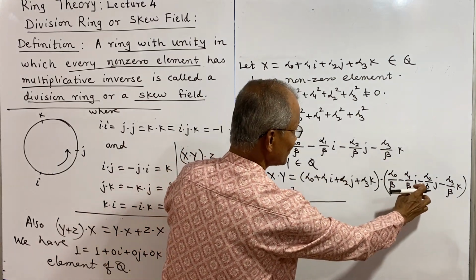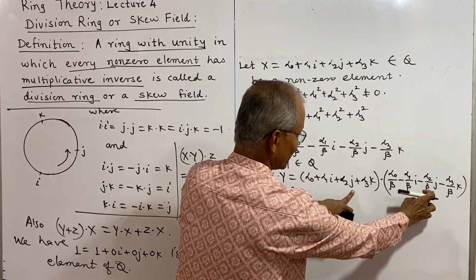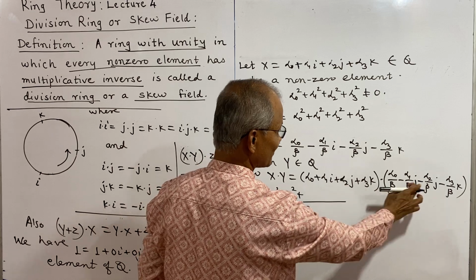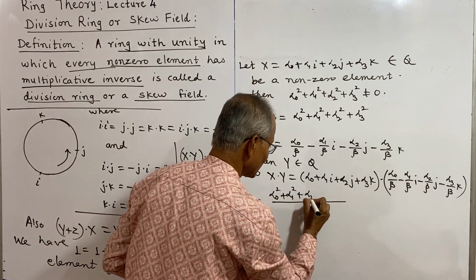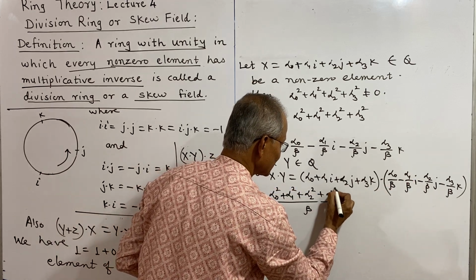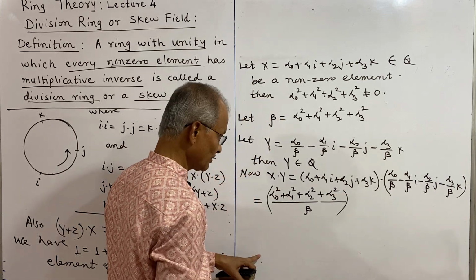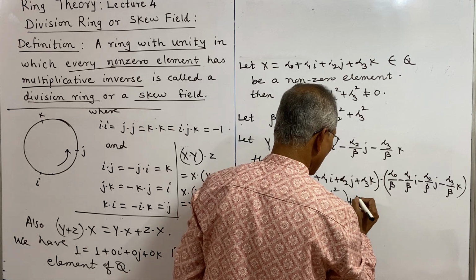Similarly alpha 2 into alpha 2 and j into j is minus 1, so that minus sign becomes plus alpha 2 square, and similarly alpha 3 square. So this is the real part, and what is the part of i?